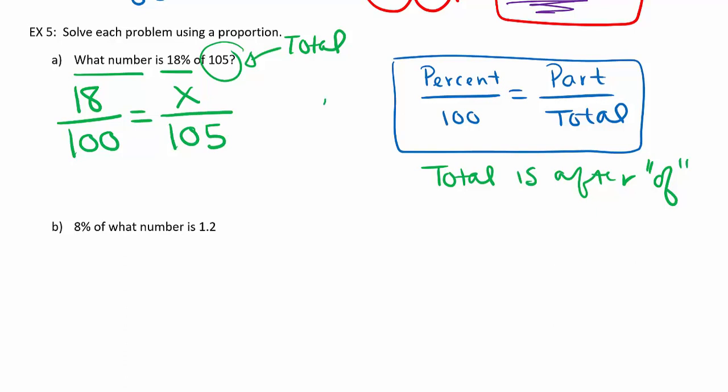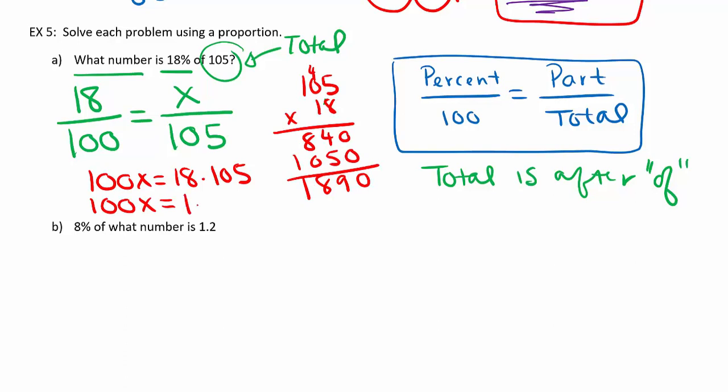We learned in the previous lesson that we can solve proportions by cross-multiplying. 100 times x has to equal 18 times 105, or 100x equals 1890. To finish, I'm going to divide both sides by 100. Dividing by 100 moves the decimal 2 places to the left, so x is 18.9.